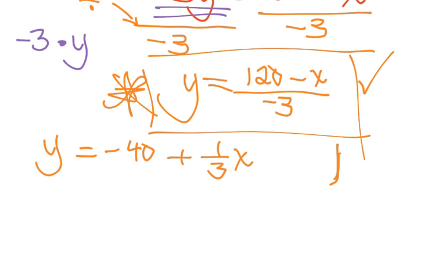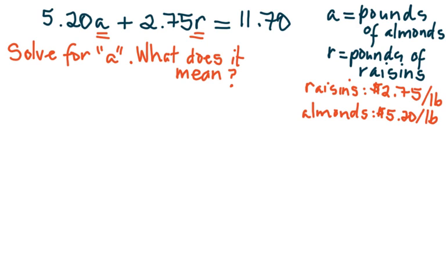All right, moving on. The next slide shows an equation that had to do with the word problem about almonds and raisins. Almonds and raisins were part of this problem, and you were given an equation.